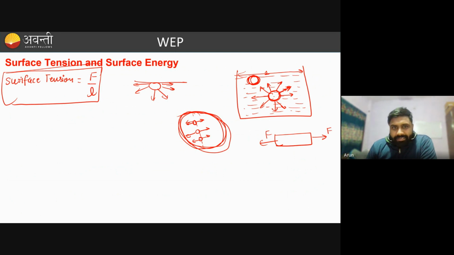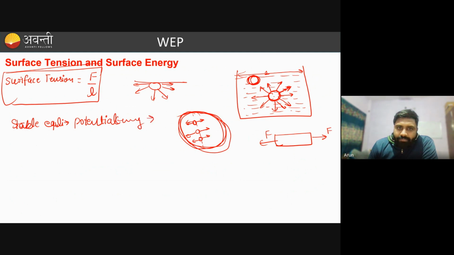We will understand it by the same concept. The internal molecule present inside is in stable equilibrium. For stable equilibrium, the potential energy it possesses will be minimum, and minimum means negative.